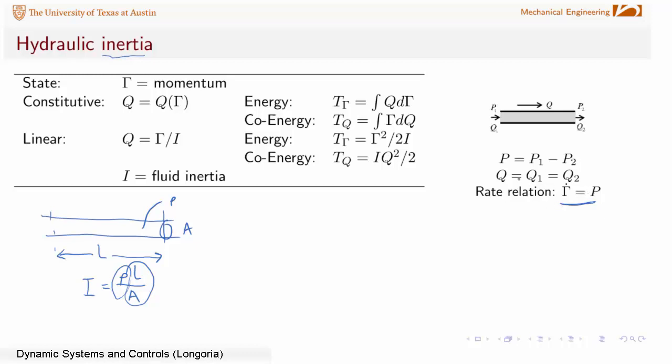A lot of times we deal with steady state problems, say losses in piping systems and so on. Again, all the typical energy relations are here. Remember, this is a kinetic energy storage element, so these are kinetic energies and kinetic coenergies that you can compute if needed. And here's your linear constitutive relation.